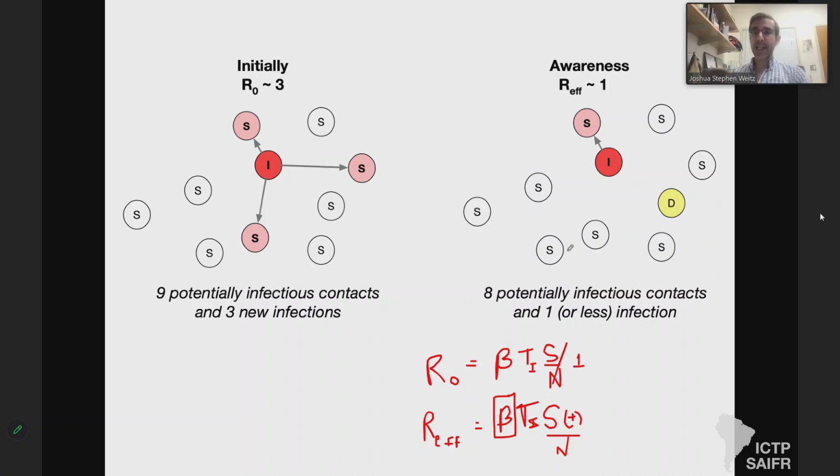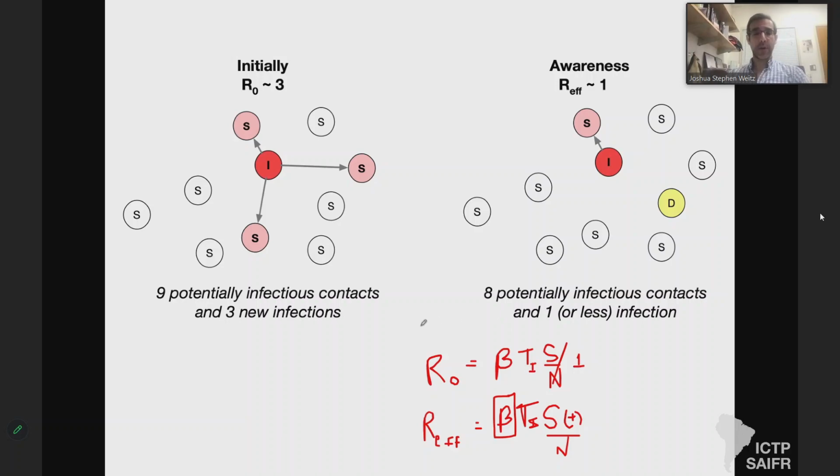So awareness can lead to R effective 1, even as S of t is close to N. And that's really important. What does it imply? It implies that if people revert behavior, there's still a whole bunch of susceptibles and you can get another wave.